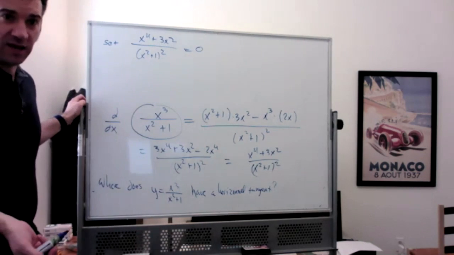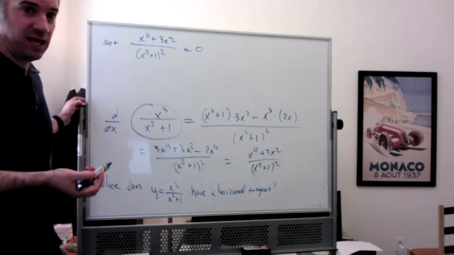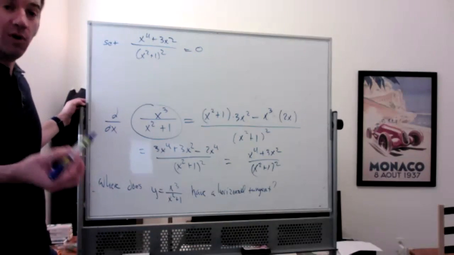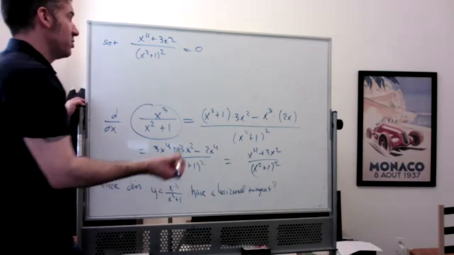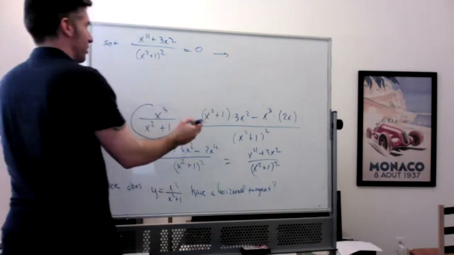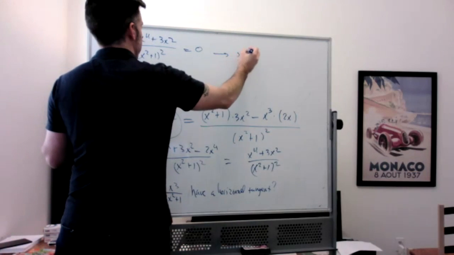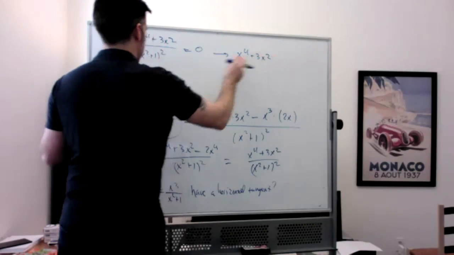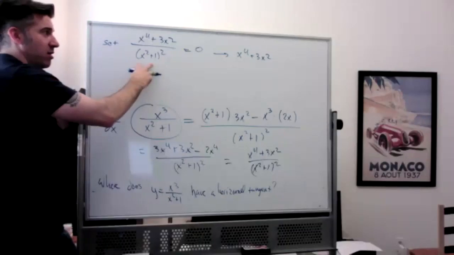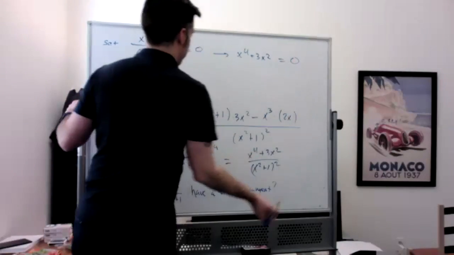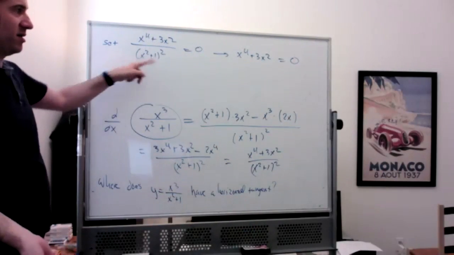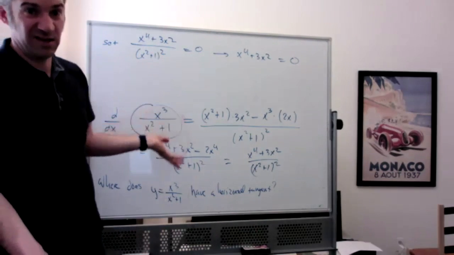Typically, if it's a quotient like this, my first step is to multiply both sides by the denominator. So I would rewrite this as x to the fourth plus 3x squared equal to 0, since multiplying 0 by anything still gives 0.